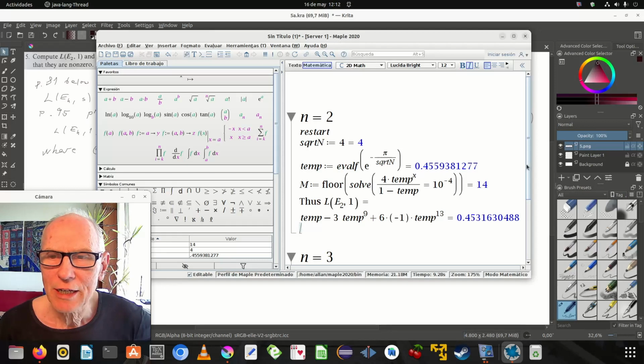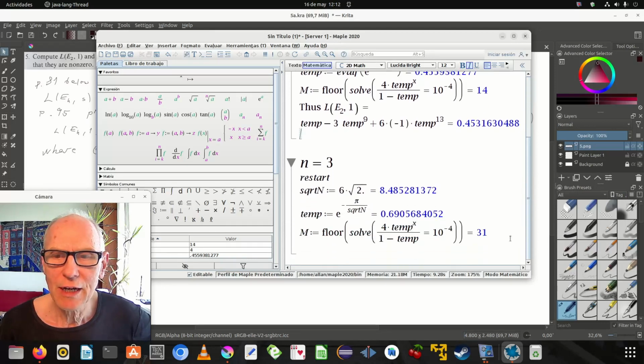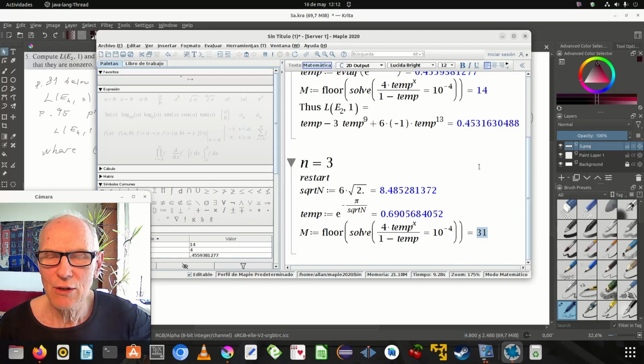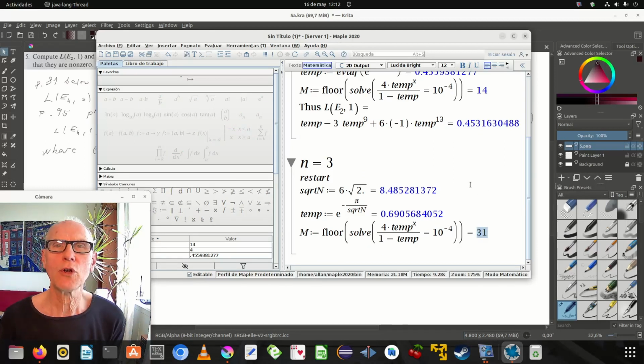Actually, going to n equals 3, I found out that we need to take all terms up to number 31, and I don't have all the numbers.